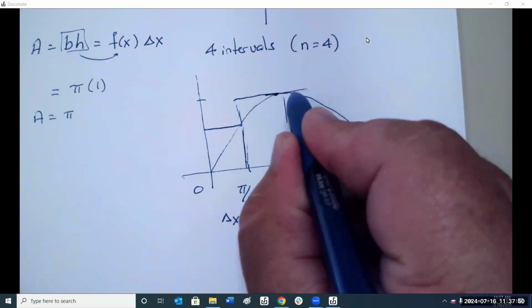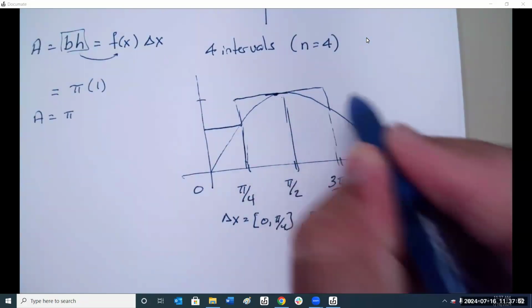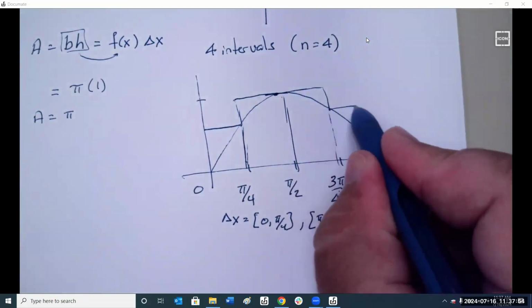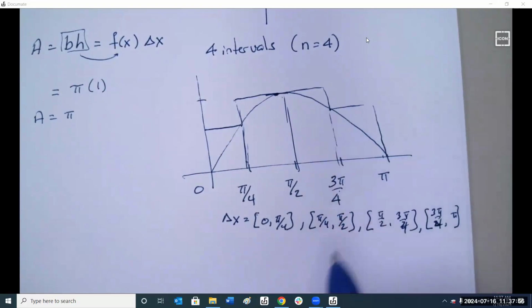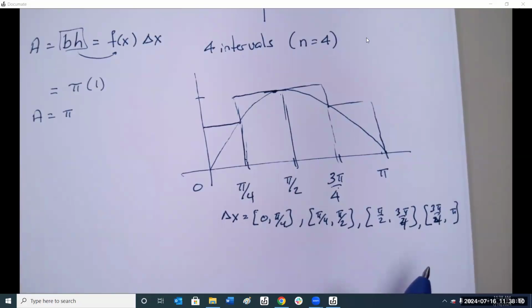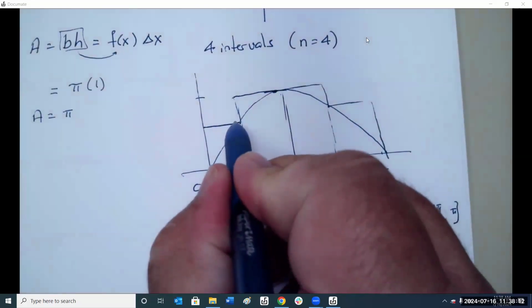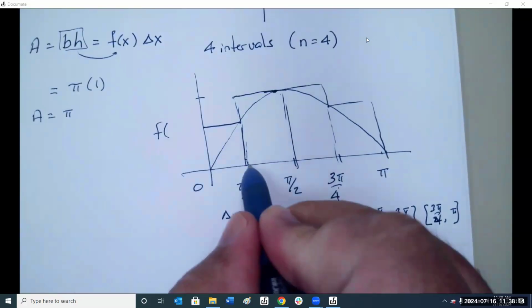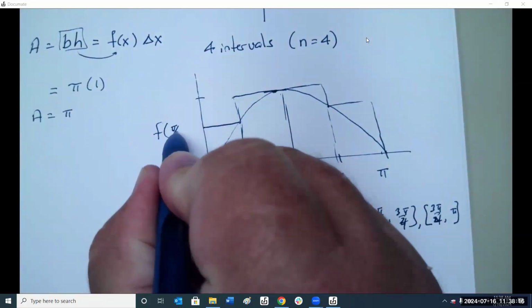And then here we have another interval. So this value is f of pi over 4.